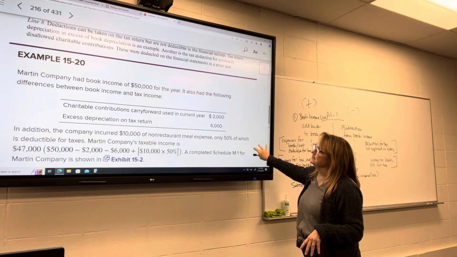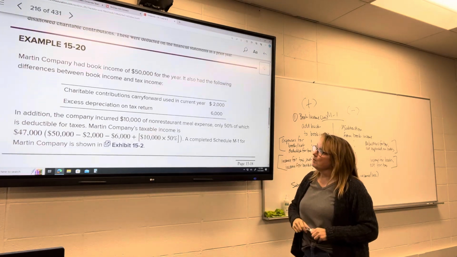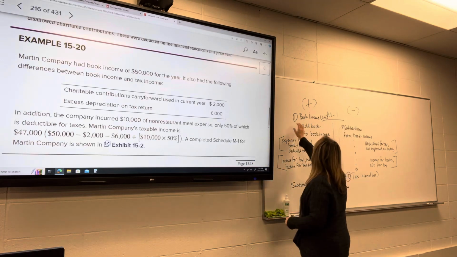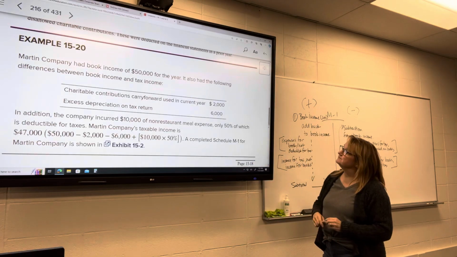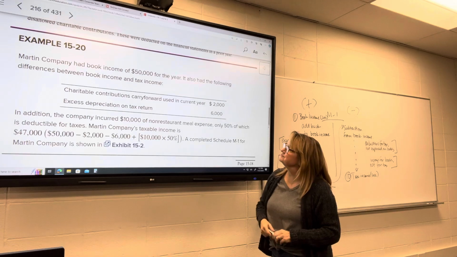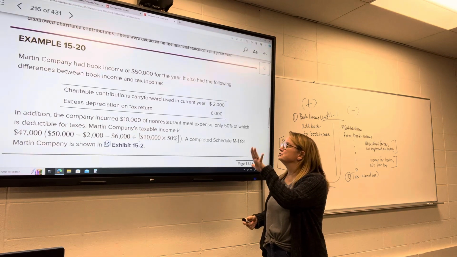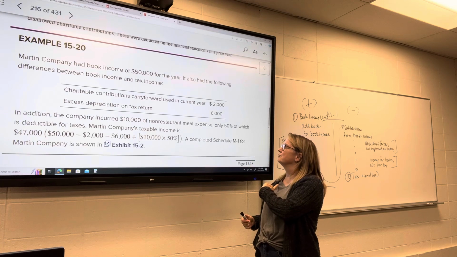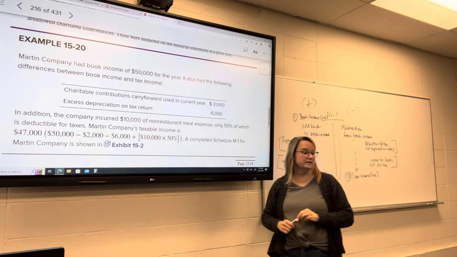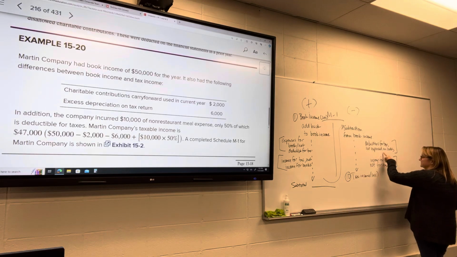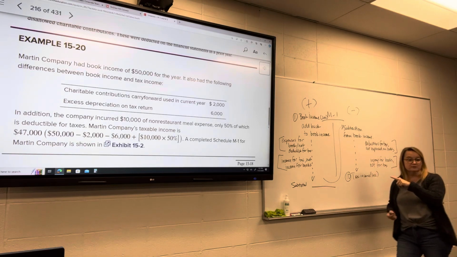So here's an example. Martin Company had book income of $50,000, so that'd be their line 1 here, 50,000. It also had the following differences between book income and tax income. They had a charitable contributions carry forward used in the current year, so that would be a deduction for tax, but not expensed on the books.